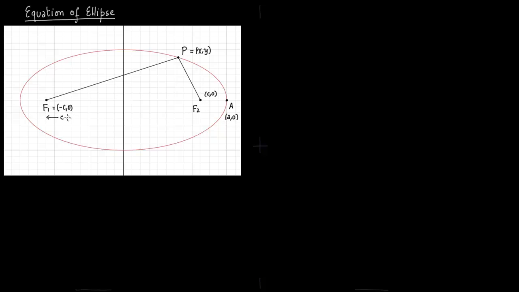So you can see that the distance of focus 1 from the origin is c here, and the distance of focus 2 from the origin is also c. This distance is a minus c, that is F2A is a minus c. So this you need to keep in mind because we will use this in the derivation.